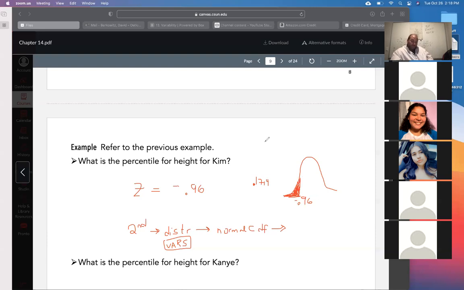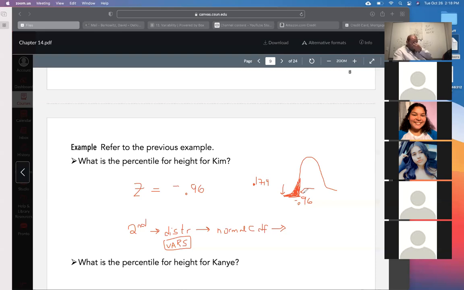Wouldn't the lower be the negative 0.9? No. Negative 0.9 is, first of all, to the right of negative 0.96. But we want the left end and the right end of the highlighted region. What number is to the very left of the highlighted region?